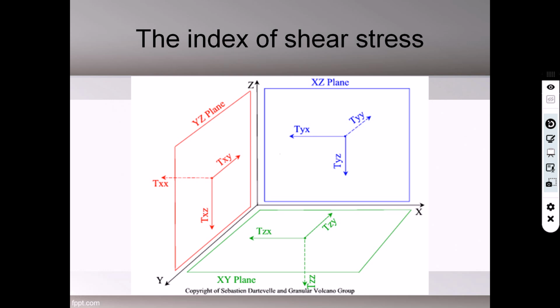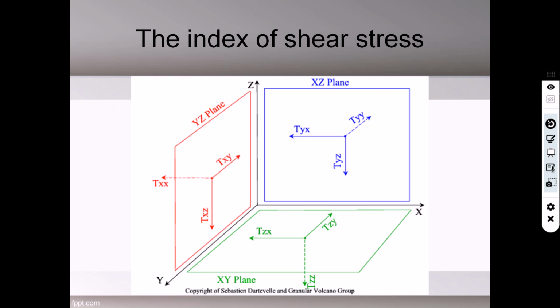Okay, so I got this figure from the internet, from here. Anyway, so you can think about this shear stress. It has two indexes, and they describe two things. The first thing is the phase it acts on.